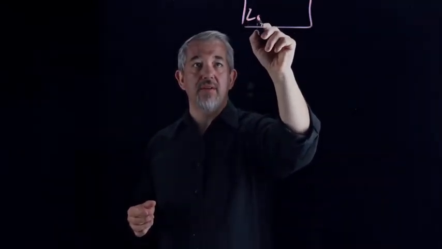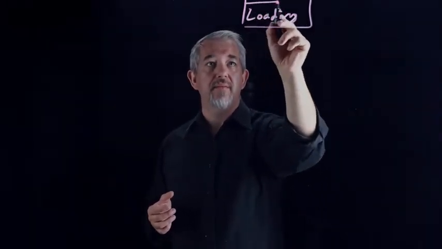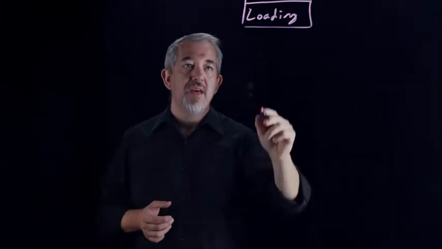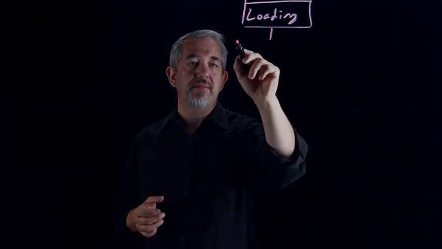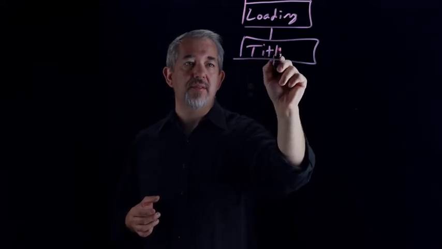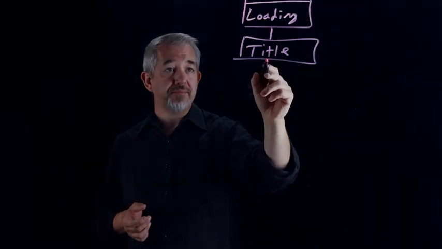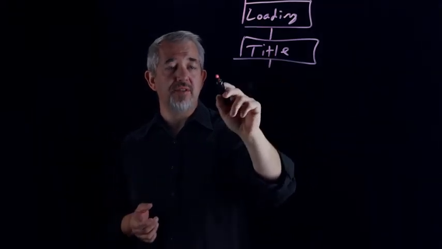So if we were doing a video game, for example, we would start out with the loading screen. So we would have loading. And then that loading screen would drop us onto the title screen. The title screen would give us a few options.